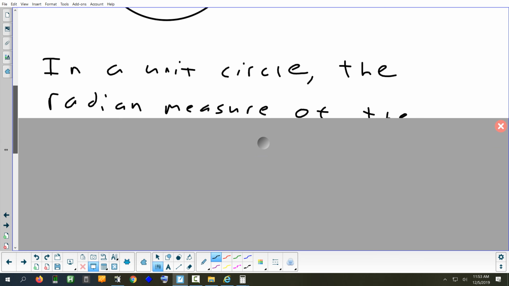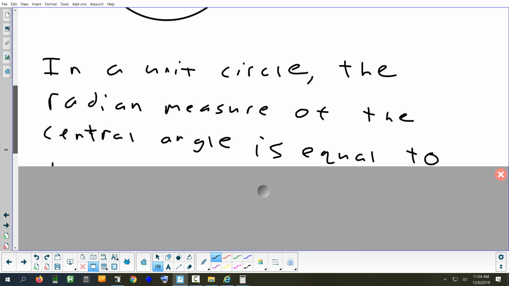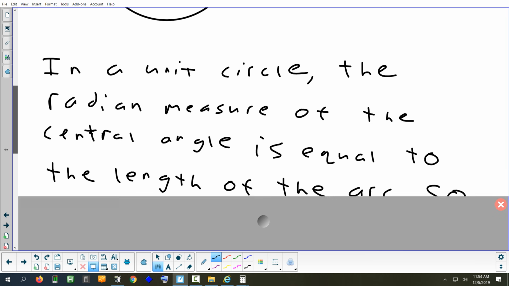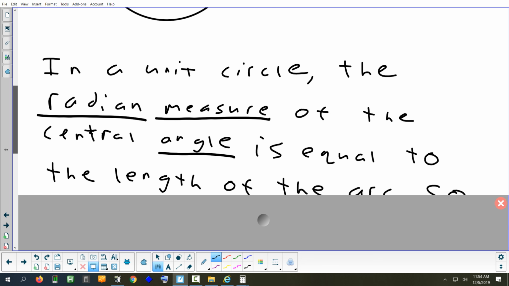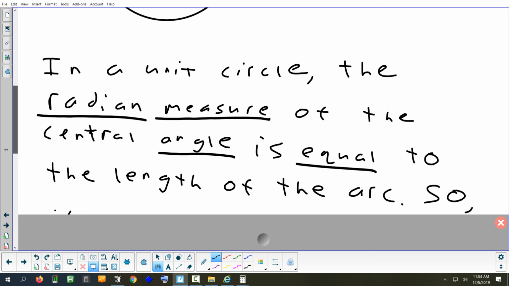In a unit circle, the measure, and I'm going to underline the important parts. In a unit circle, the measure of the angle in radians is equal to the length of the arc.